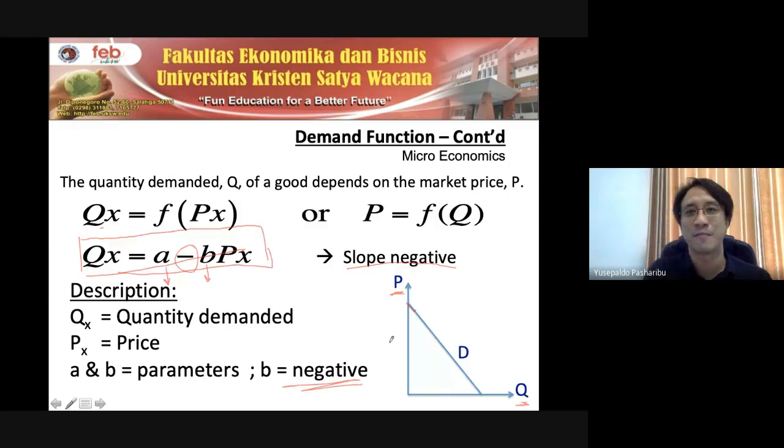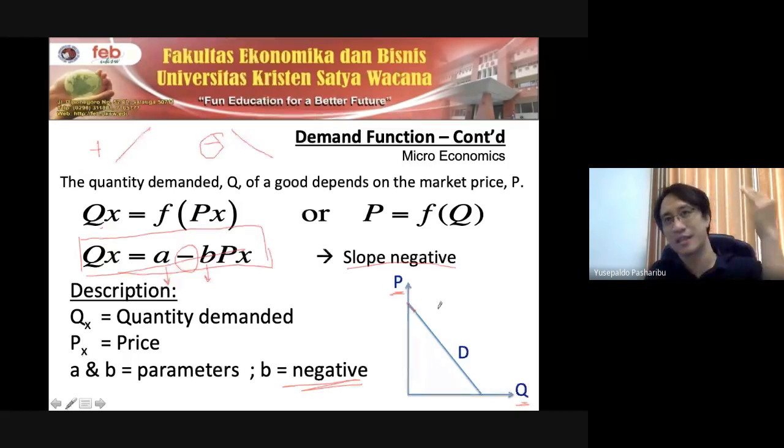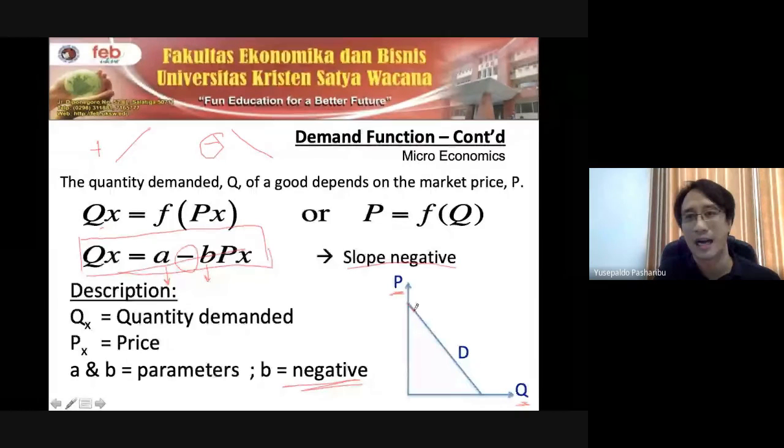The first one, if the slope is positive, then the line will go up, increase. But if the slope is negative, then it will go down, or decrease. Downward.